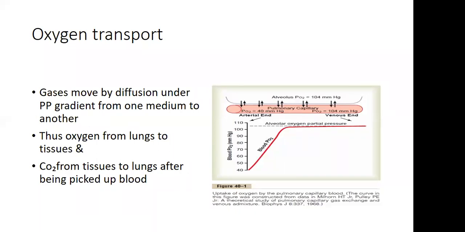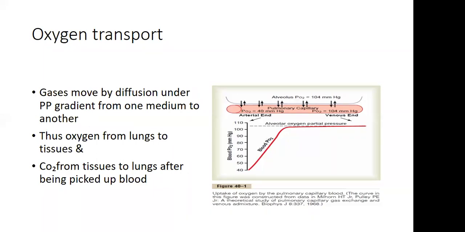Now this blood with 104 millimeters of mercury is fit to be supplied to the tissues. But first it has to be brought to the left chamber of the heart, so that it can be expelled in the form of cardiac output to the whole body.